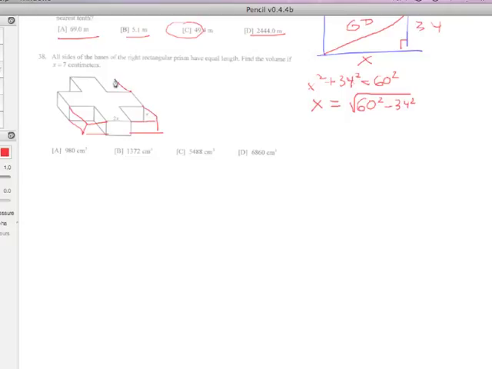I'm pretty sure this is the intent, is to take this whole box, and its length from here to here is 6x, and its width from here to here is 6x, and the height is x. So I'm going to rewrite that x there.